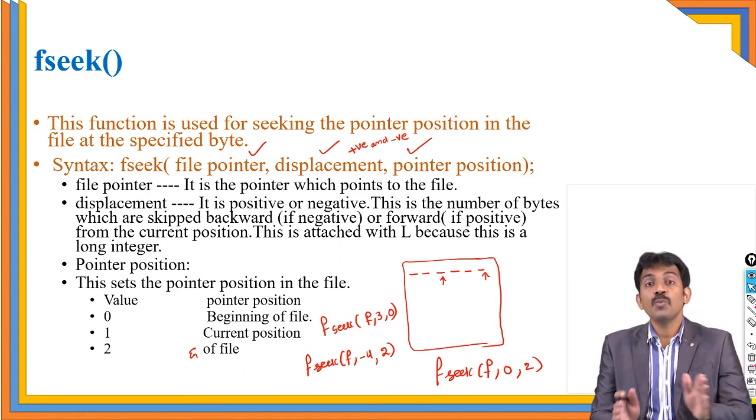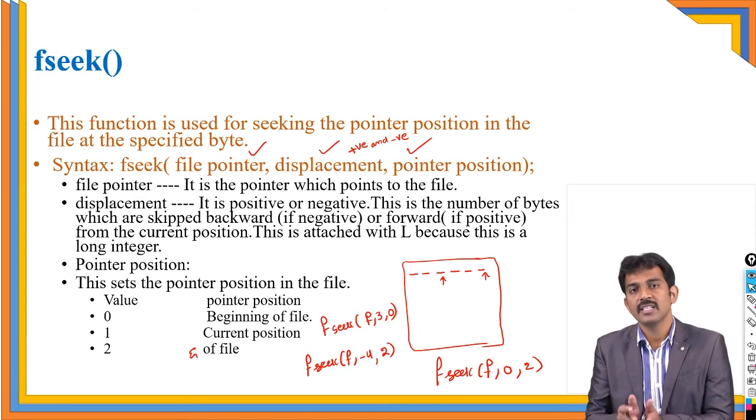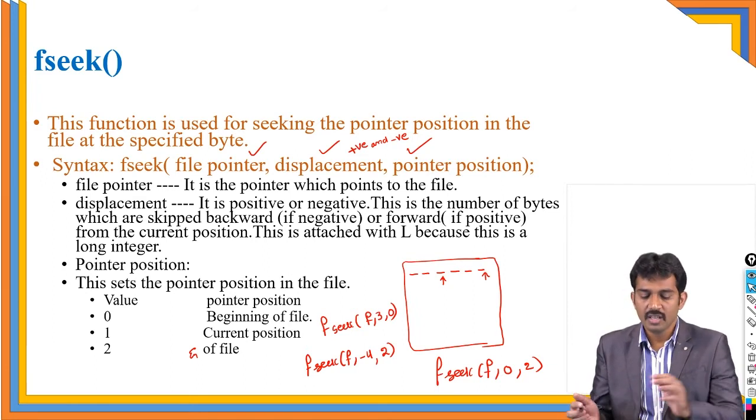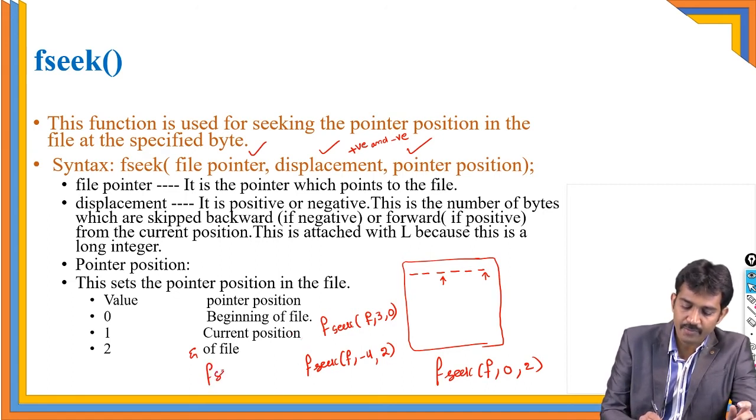Next, if you want to place the cursor 2 characters left or right of the current position, in that situation you can use 1 here. Fseek of f, the position from the current position.